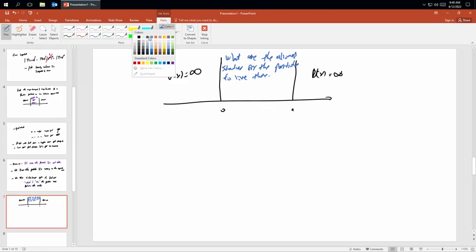And the other question is, what does the probability density function look like?